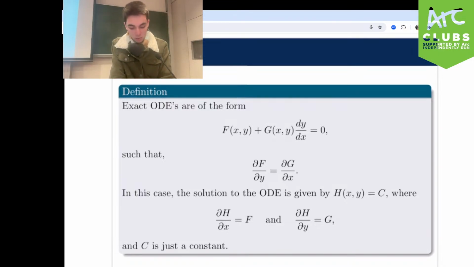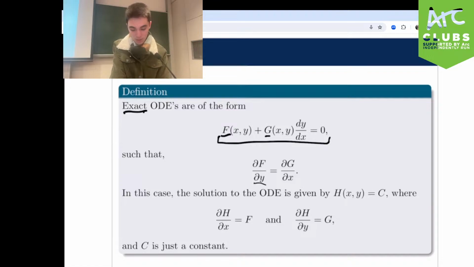This is the technique that we use to solve them. We check whether this ODE is exact, and the way we check that is if the partial derivative of this function f with respect to y is equal to the partial derivative of this function g with respect to x.